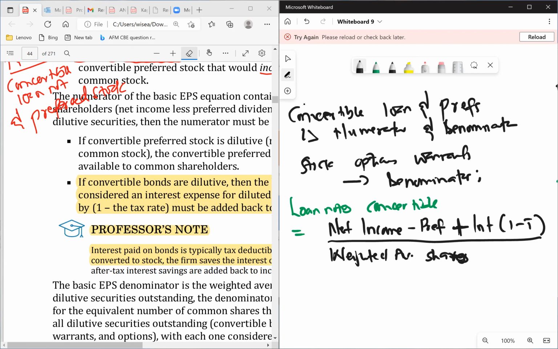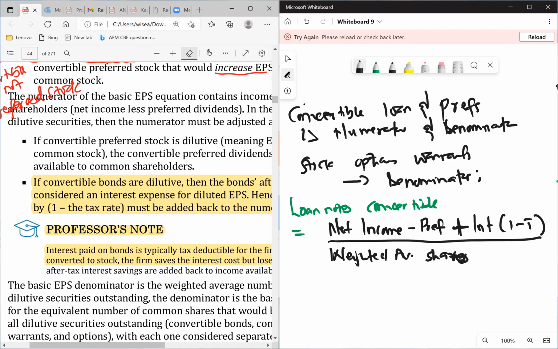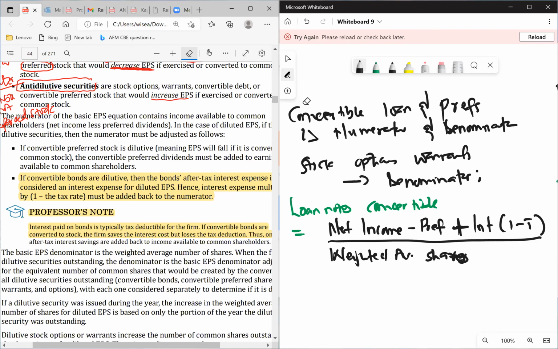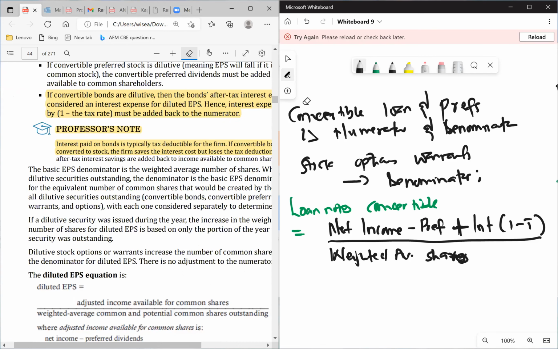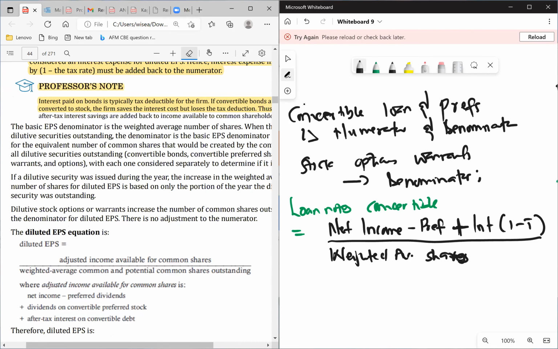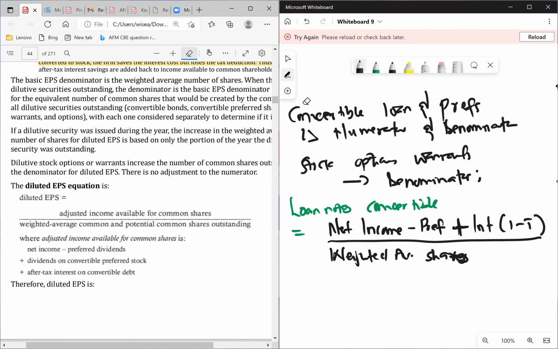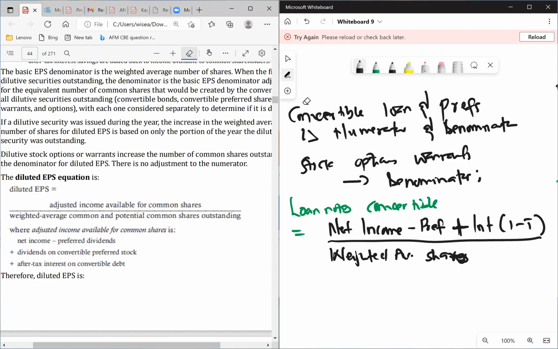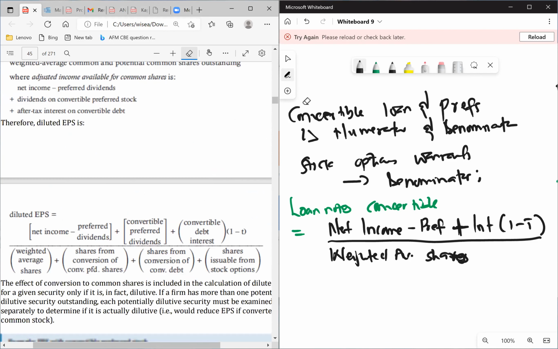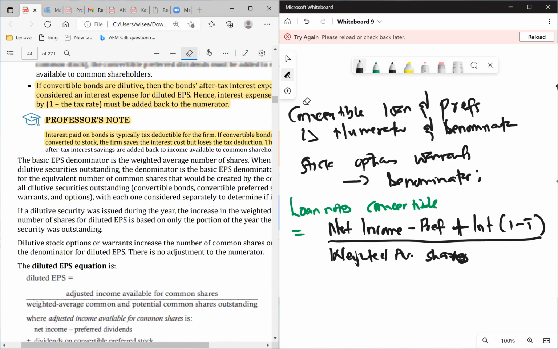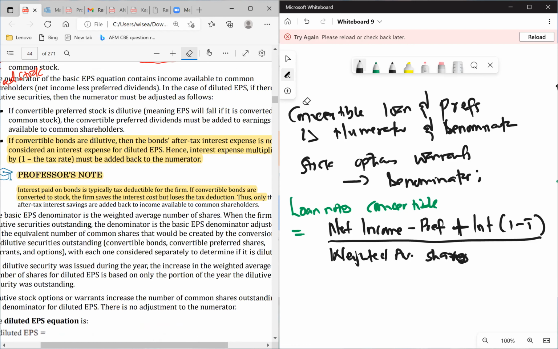Yeah, Kelly. Yes, I saw a question on the mock from the CFA Institute, and it had to do with the weighted average of shares in calculating the EPS. For the beginning period in January, they had about 100,000 shares outstanding.